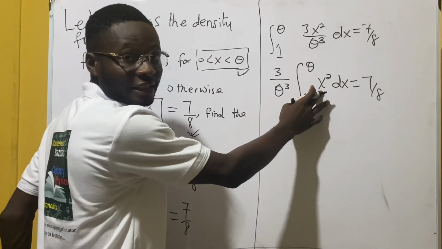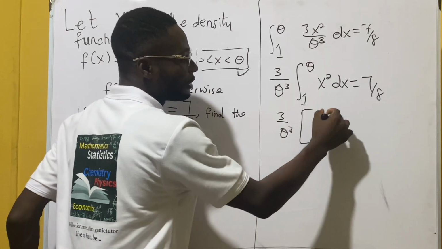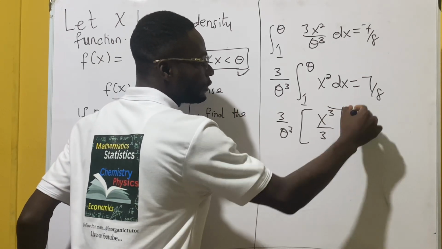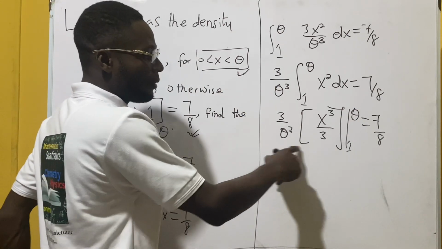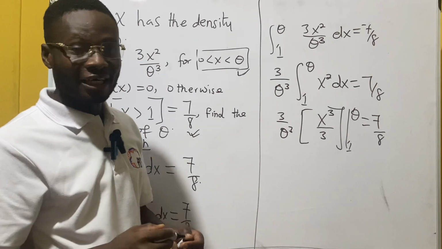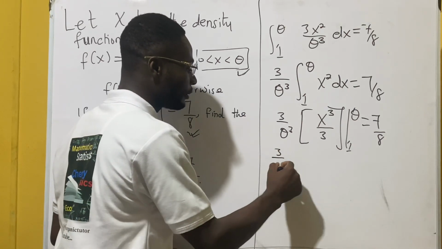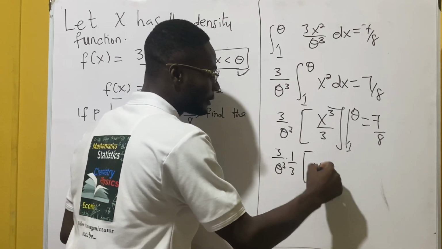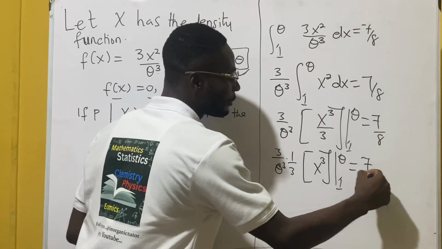When you integrate x squared, you are going to have x cubed over 3, from 1 to theta, and that should be equal to 7 on 8. We can factor this 1 over 3 out, so we have 3 on theta cubed times 1 on 3 into x cubed from 1 to theta equals 7 on 8.